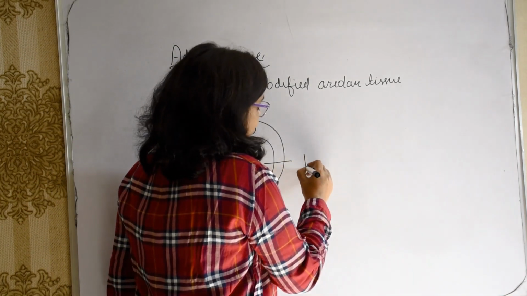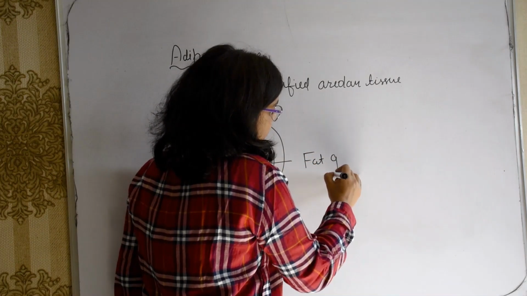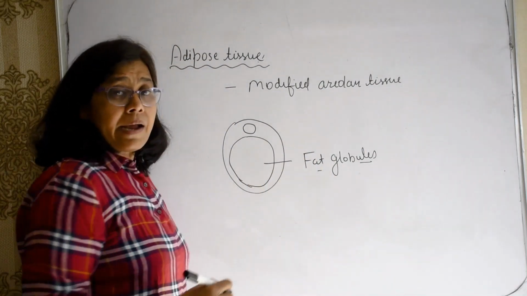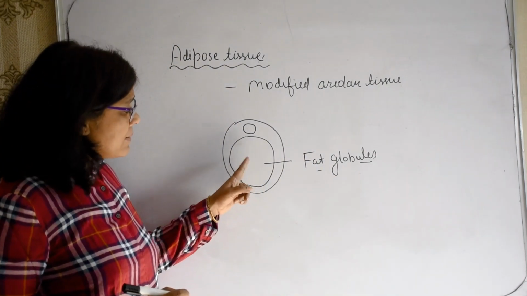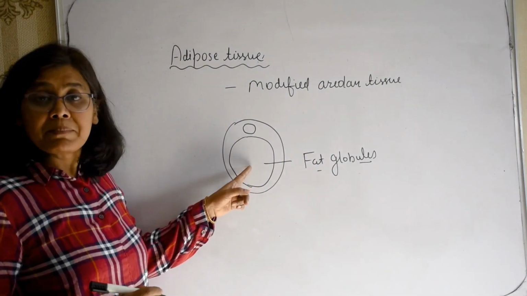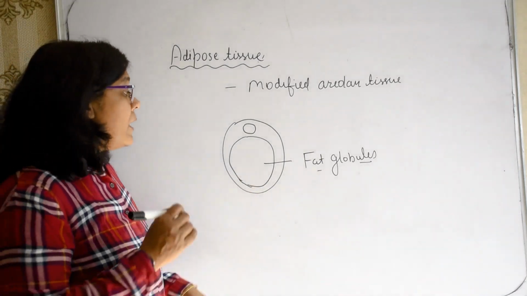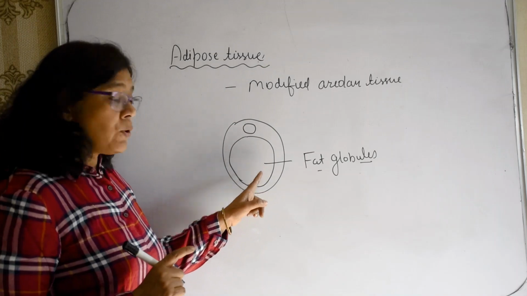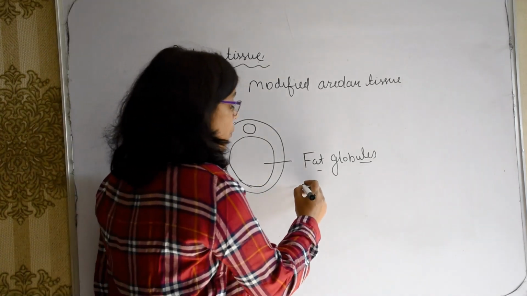So this is fat globules. In adipose cells, this fat globule can be single or multiple. When a single fat globule is present, it is called monolocular.